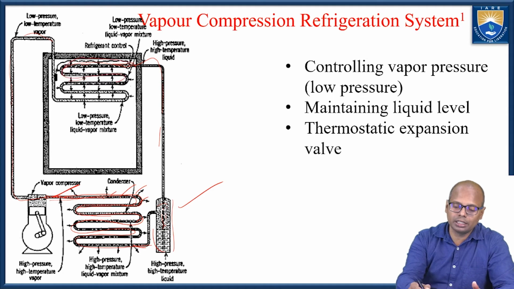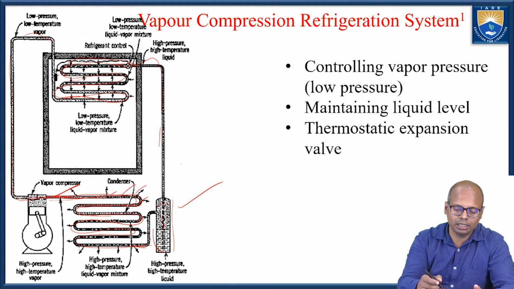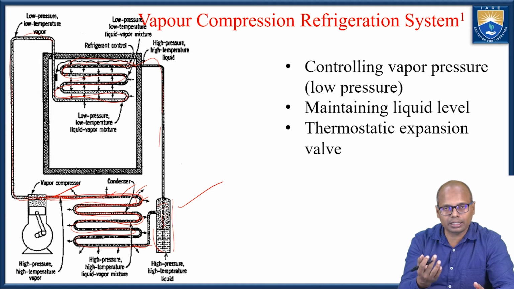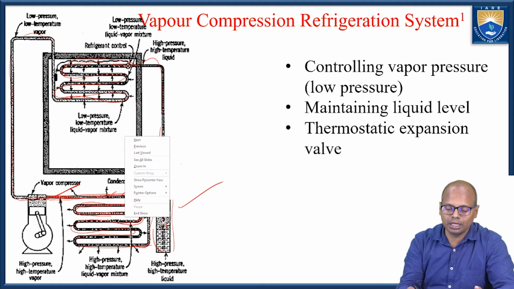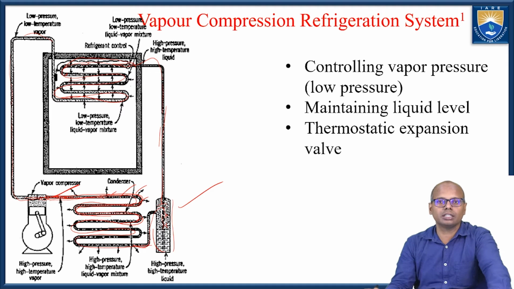One is the refrigerant is getting evaporated, and the vapor is getting sucked, so that the pressure is lower here, and that at high pressure the vapor is sent through the condenser, and in the condenser we are removing the heat from the fluid, so that it will become a liquid here, and a high pressure liquid is available at this place, and the high pressure liquid is automatically circulated in this circuit.